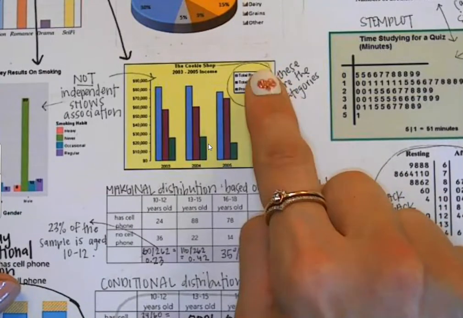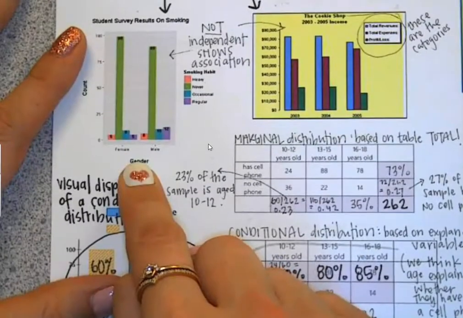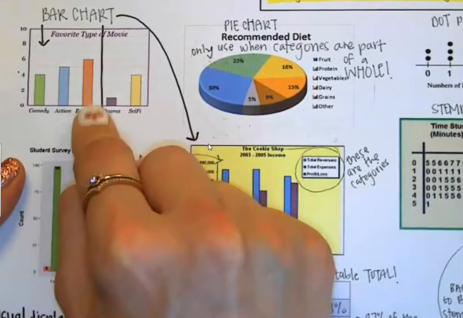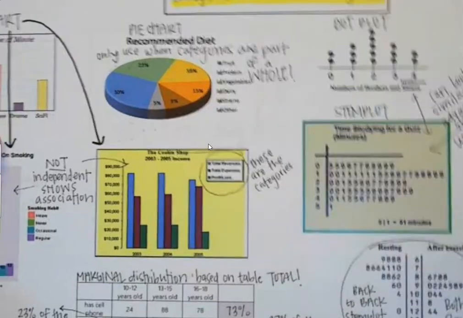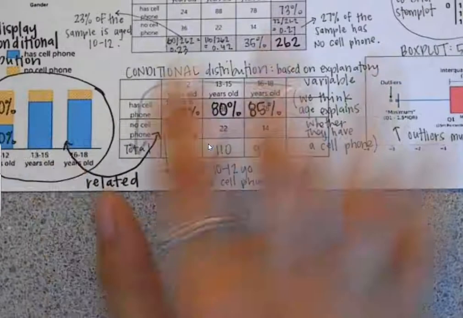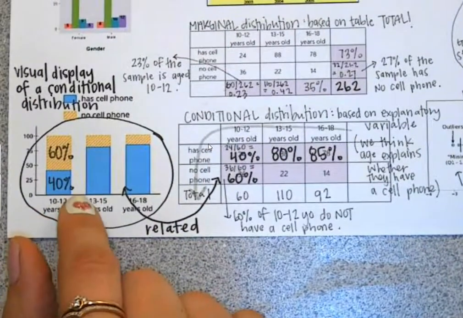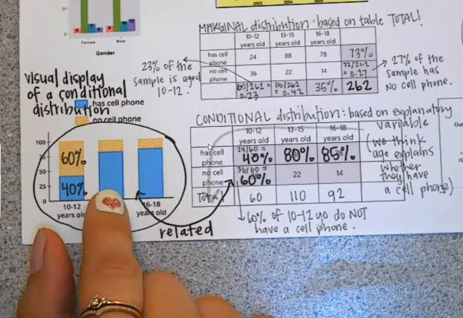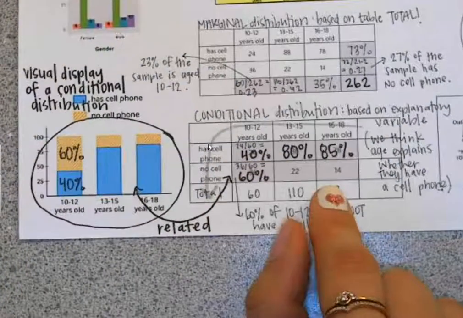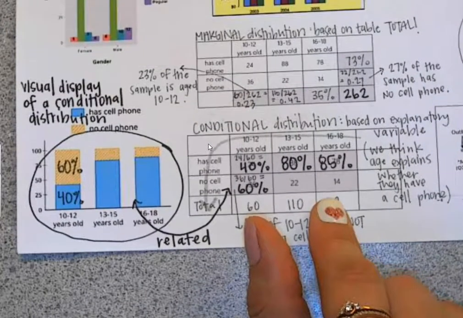They're the expenses, revenues, and profit loss. Here, your categories are gender. Like I said, here, their type of movie. Here, it is the different food groups. The one that you use the most often to determine if there's association is a segmented bar chart, and it is related to your conditional distribution.